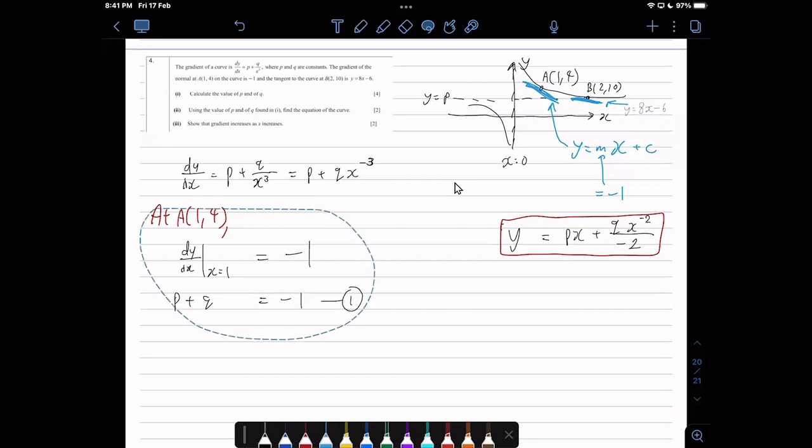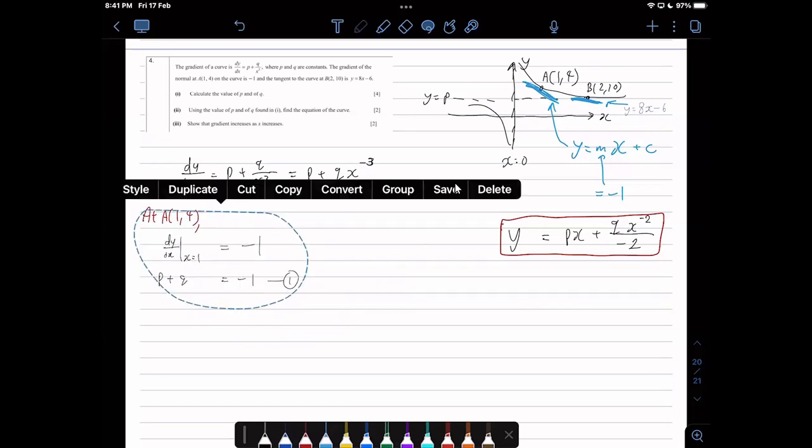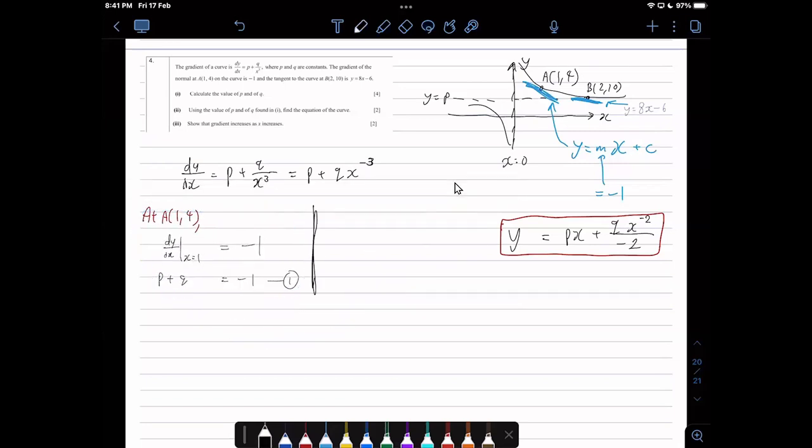Let me shrink it down so I have more space. The second one is using B. Exactly, you got it. B is (2, 10), dy by dx. And you draw your line: x equals 2, gradient equals 8. Very good.